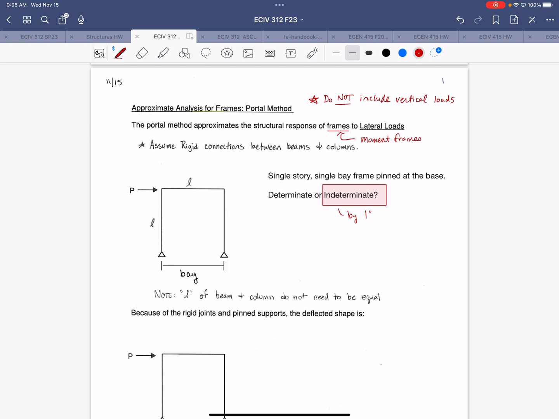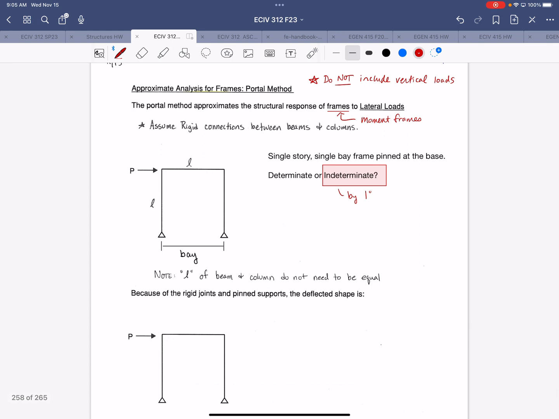So for frames, I'm going to show you what we end up doing. Remember what we ended up doing for the beams in the last lecture? What assumptions did we make? We made them simply supported by cutting them away from fixed supports. Right, and what assumption led to us being able to do that? Hinge. Yep.